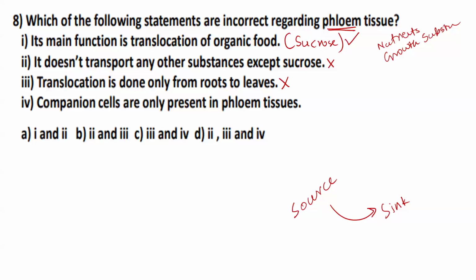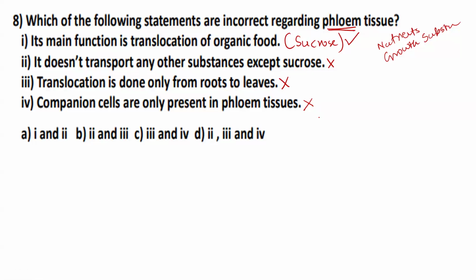Companion cells are only present in phloem tissue. Wrong, no? Here you can take the statement as two statements. One is phloem tissue is only made out of companion cells.